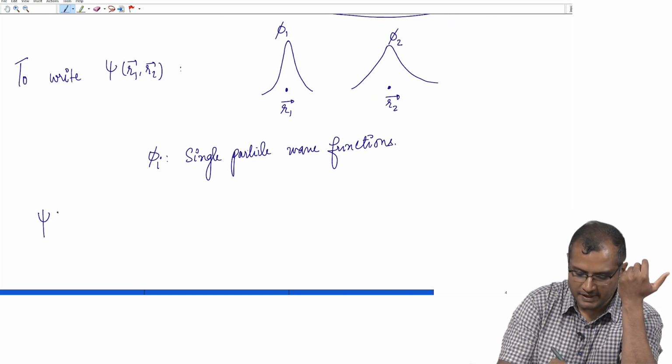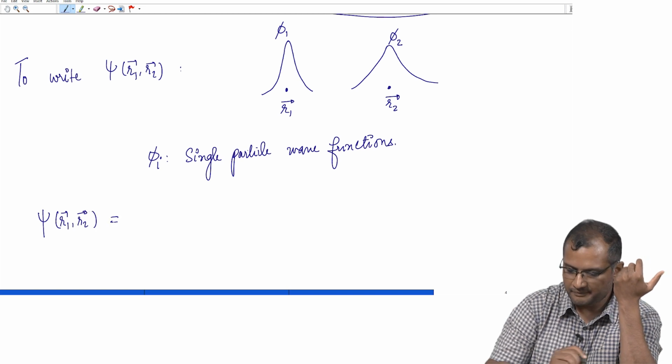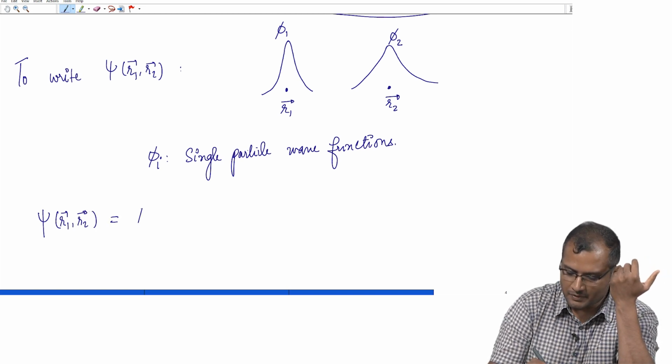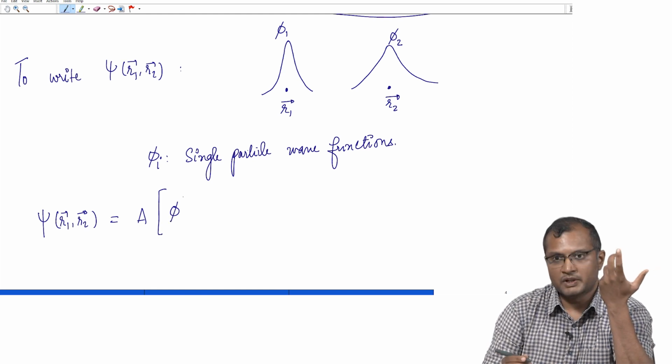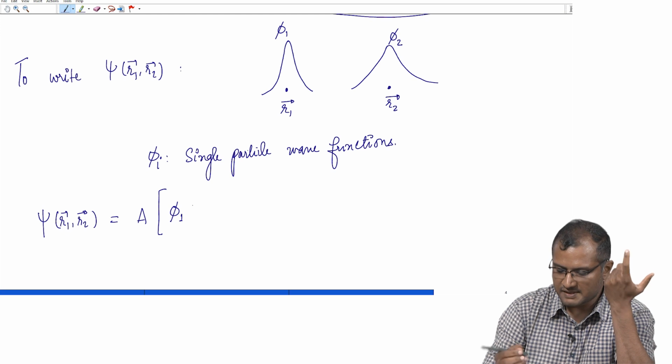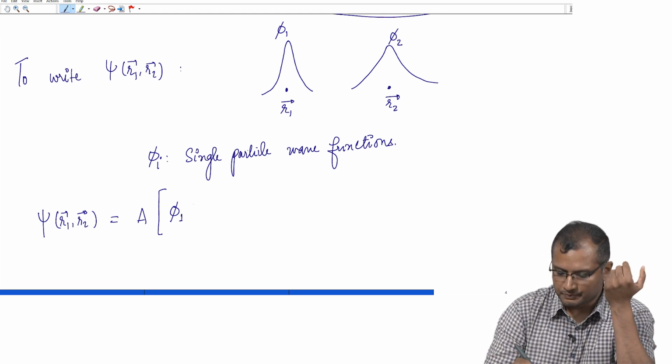Psi is simply some normalization constant into, the only linear combinations that you can construct basically are products of phi 1 and phi 2.